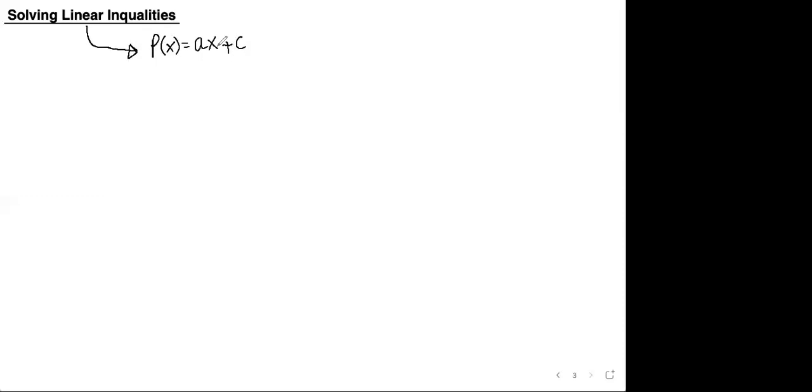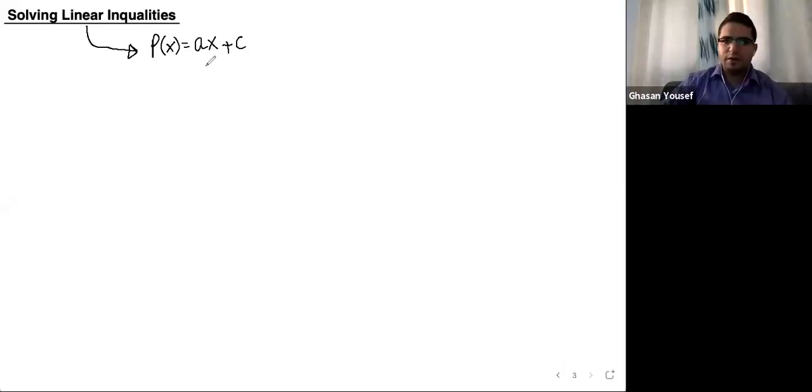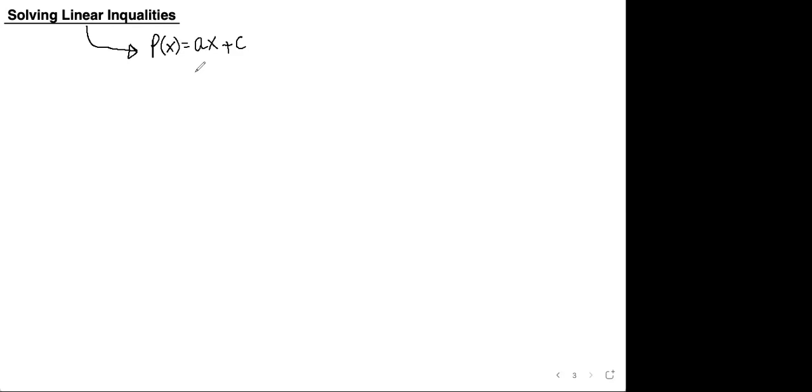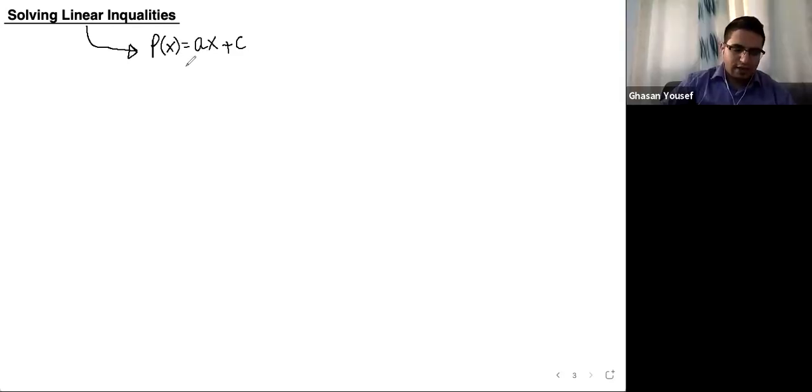So what is the highest power for this equation? First degree, exactly. So the highest power of the variable is 1 here.